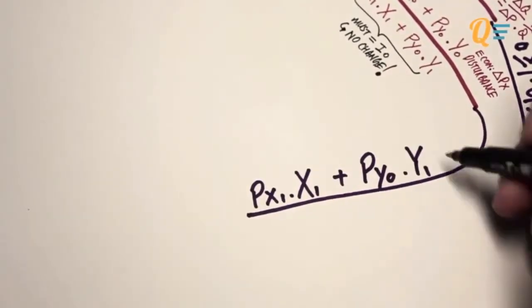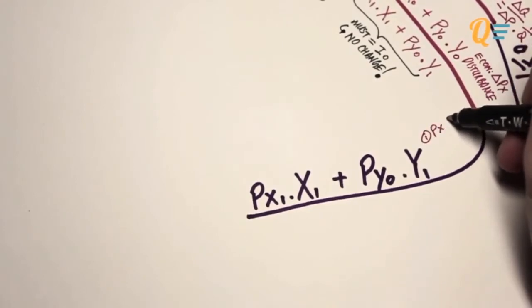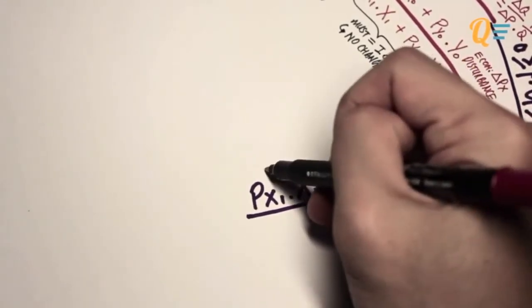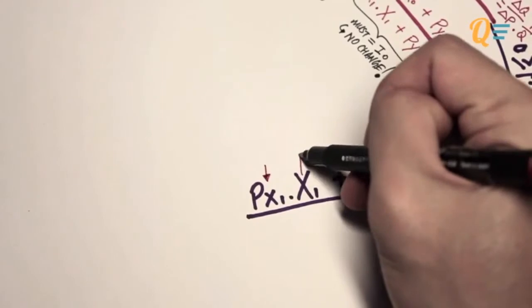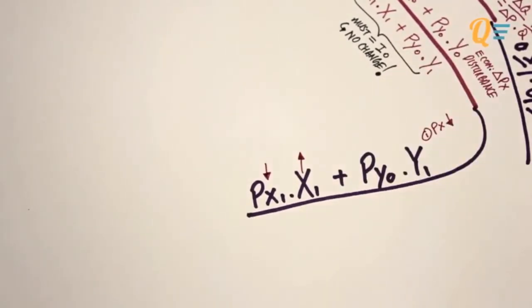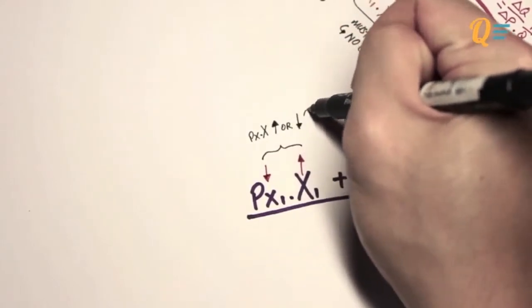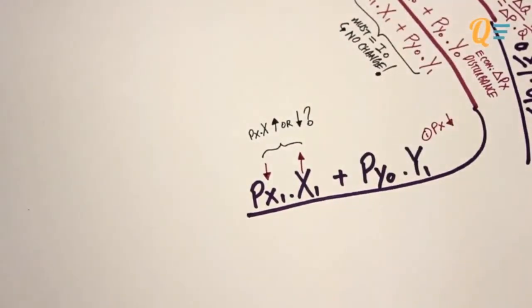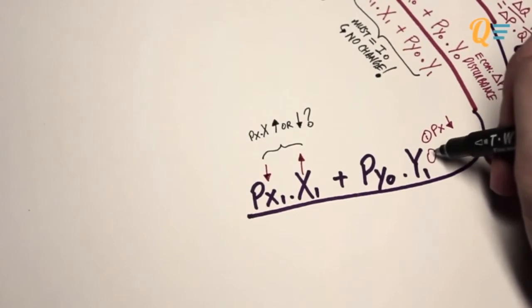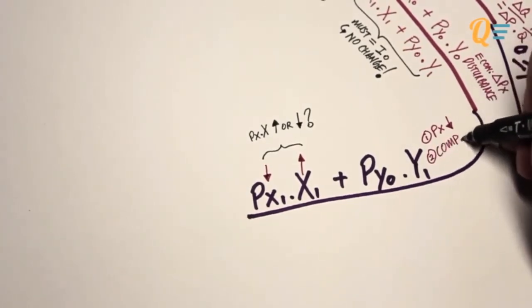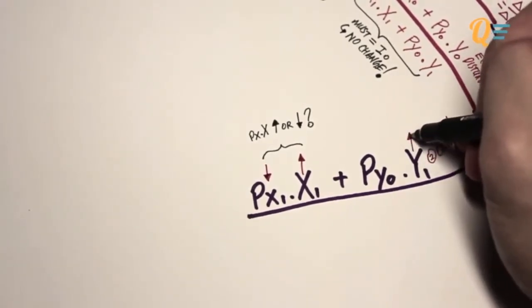So I'm going to maintain my assumption that the price of X is going to decrease. So with a decrease in the price of X, I know that according to the law of demand, quantity demanded of X would have increased. Now, will the expenditure on X increase or decrease? Well, since they're moving in opposite directions, we don't know, right? So I'm just going to make a second assumption that both X and Y are complements.